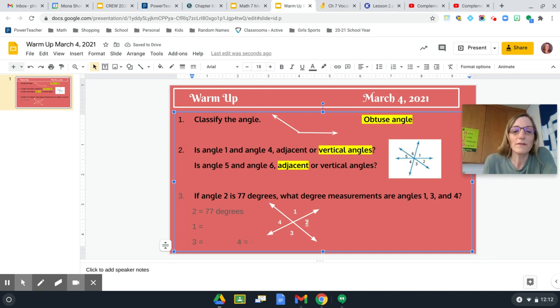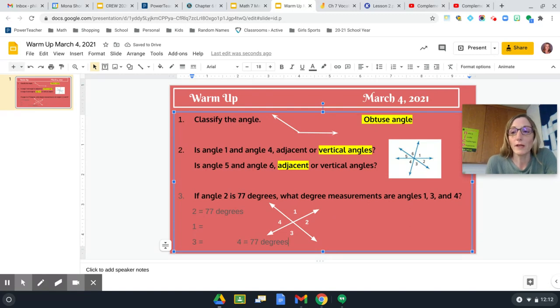If angle 2 is 77, angle 4 is directly opposite. We know that those are vertical and they are congruent, the same measurement. So angle 4 is also going to be 77 degrees, because they're vertical angles.